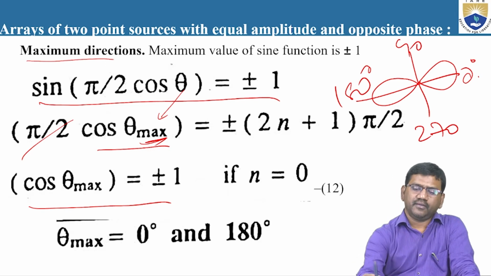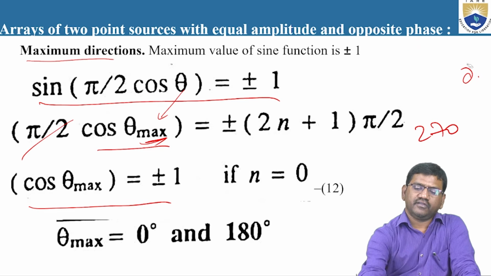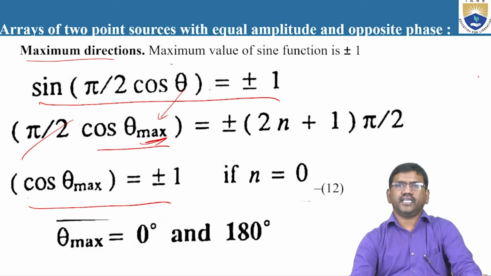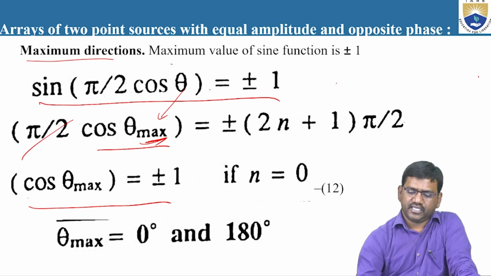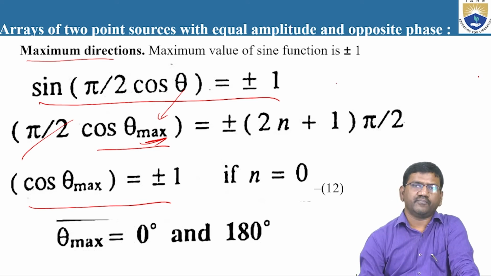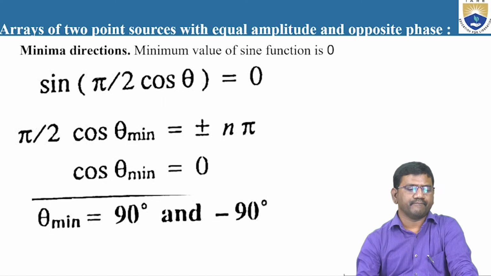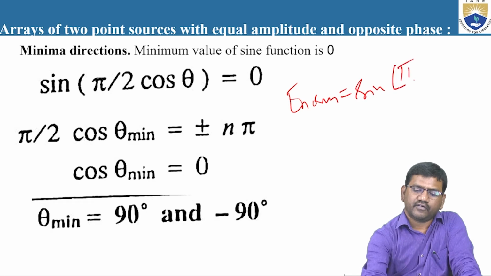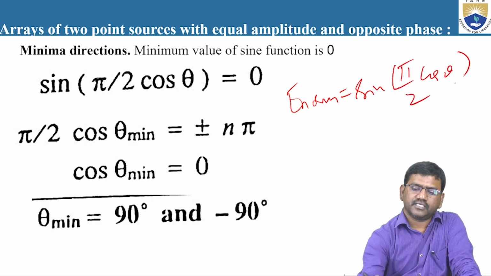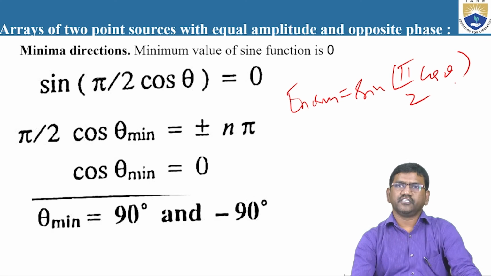To find the minimum direction, we should take again the same function of electric field strength, that is E norm is equal to sine of pi by 2 cos theta. We know that E norm, the normalized electric field strength, is equal to sine of pi by 2 cos theta. So from this basic function, we are going to find the minimum direction.